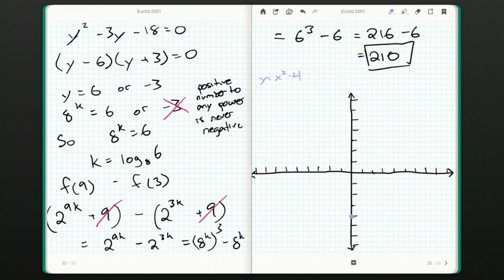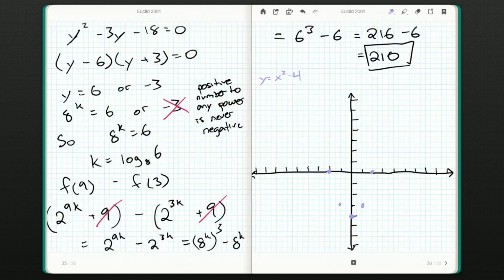Now, what I can do is just plot more points. So at x equals 1, we're going to be at -3. And at -1 will be -3. How about x equals 2? Well, 2 squared minus 4, that's going to be 0. Same with -2. This is going to be very symmetric about the y-axis.